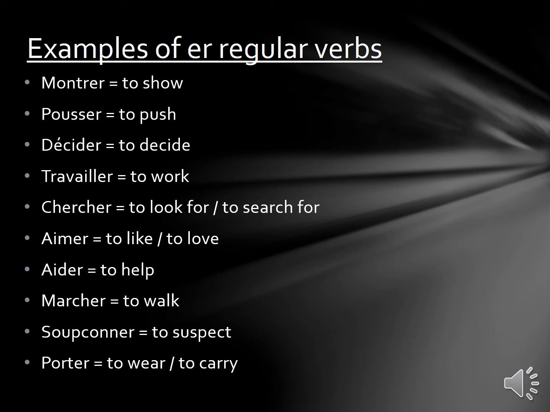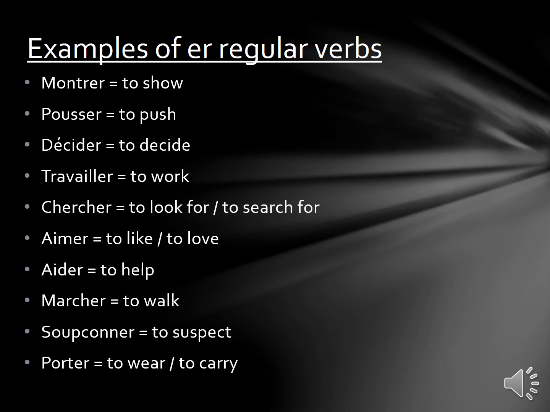All these verbs are regular verbs. Now, how do you form their present tense? As we learned just now, you remove the ER and add the endings e, es, e, ons, ez, and ent.